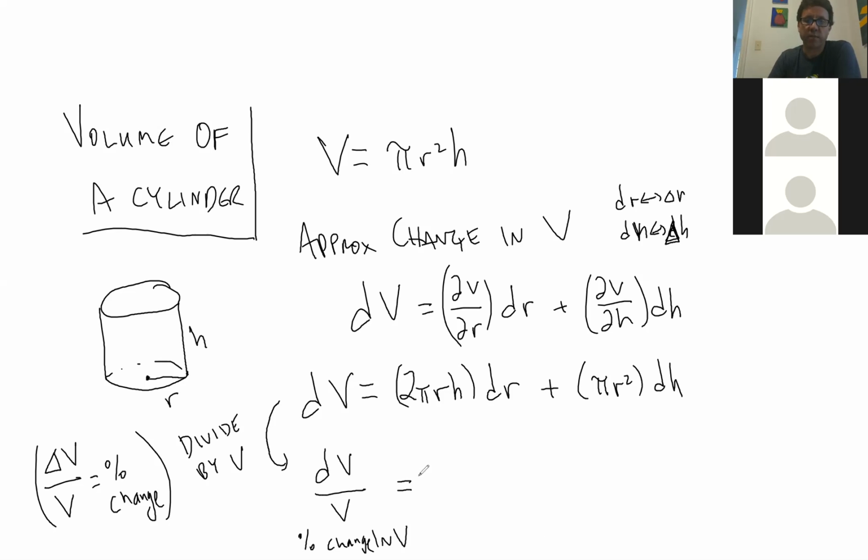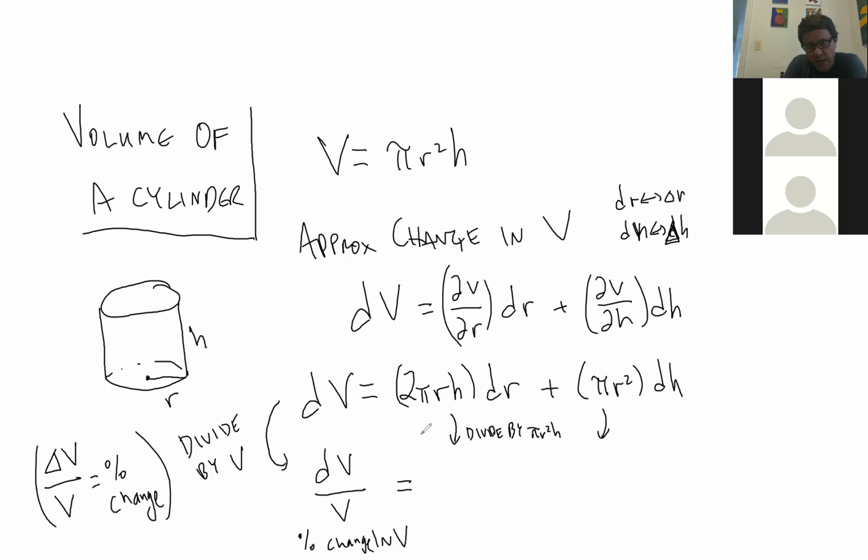Now, what happens if I divide this one by v? Well, I'm actually going to put in what v is. So I'm going to divide by pi r squared h. I'm going to do that on both of them. Because I don't want to mix r and v together on this side. So divide by v, I divide by v, but I divide by what it actually is. What is left when I divide this by pi r squared h?